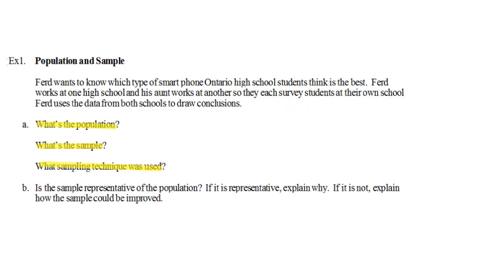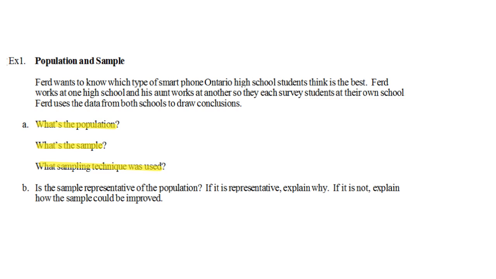So let's quickly talk about FIRD in this first example. FIRD wants to know which type of smartphone Ontario high school students think is the best. Okay, FIRD works at one high school and his aunt works at the other. So they each survey the students at their own school and use the data from both schools to draw conclusions.